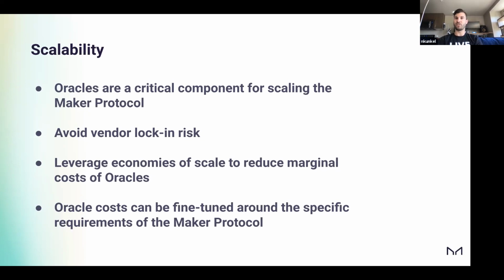And so just by dogfooding our own Oracle protocol, we are achieving basically economies of scale, right? It's almost like a company building their own hardware. Most companies don't build their own hardware, right? It's obscenely expensive.